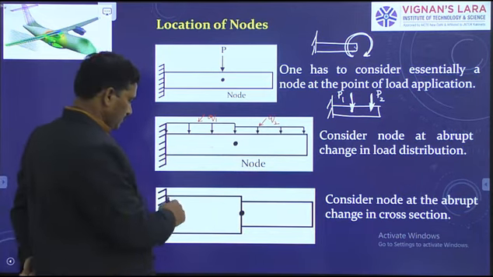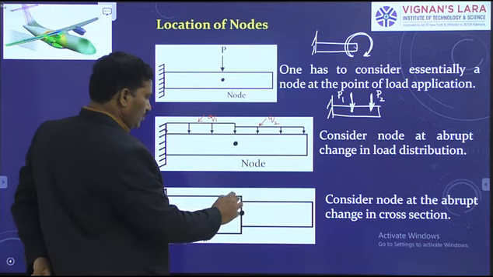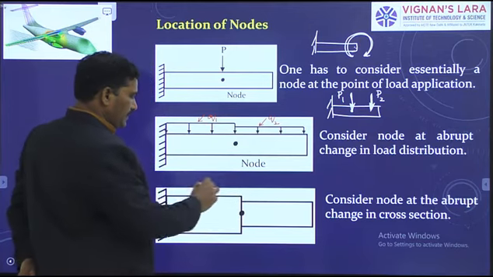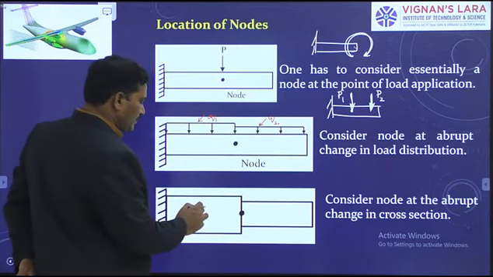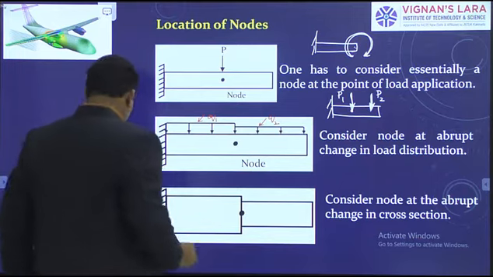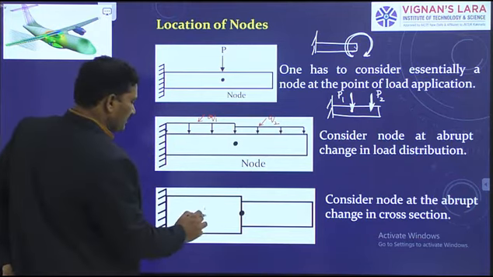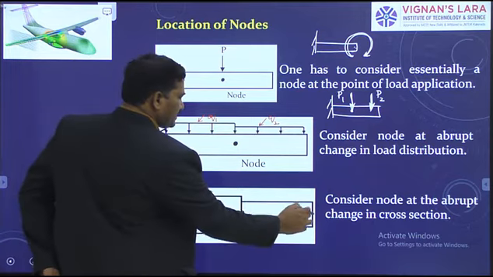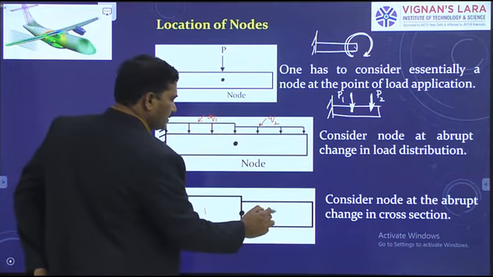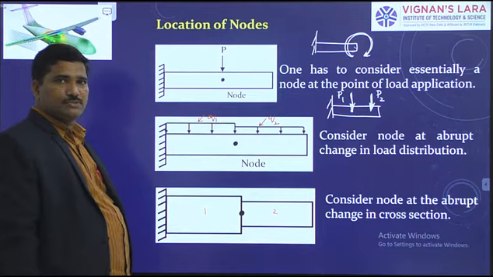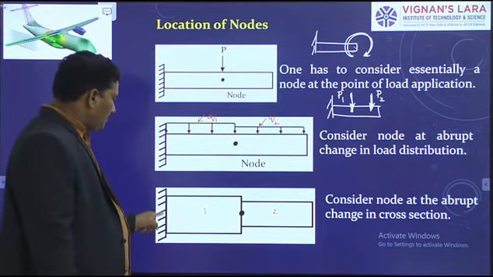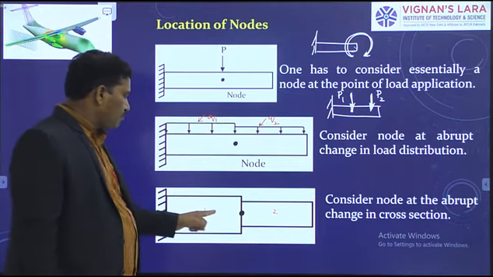See here. This is the first part of the bar, so this is part 1, we can say. This is the second part of the bar, say part 2. The cross section of part 1 is the same throughout its length.